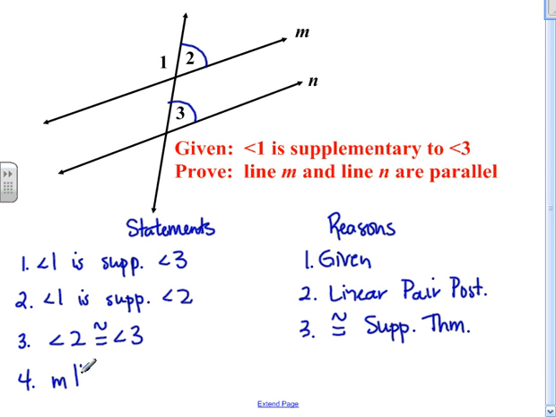So M is parallel to N because angle 2 and angle 3 are corresponding angles. So that would be the corresponding angles converse. If corresponding angles are congruent, then the lines are parallel.